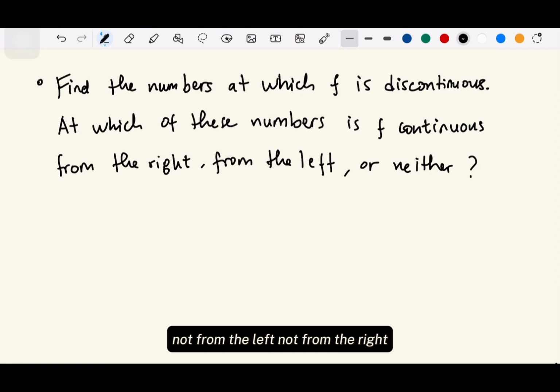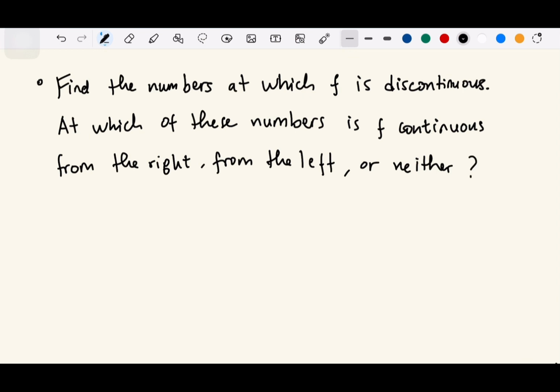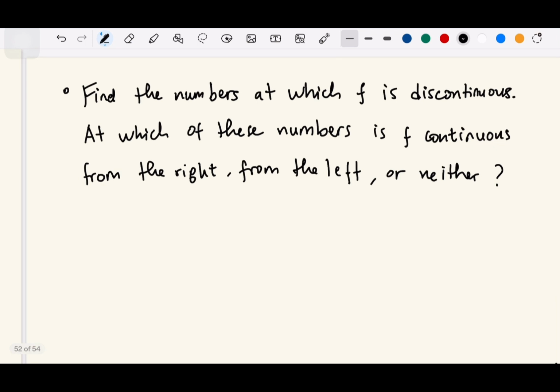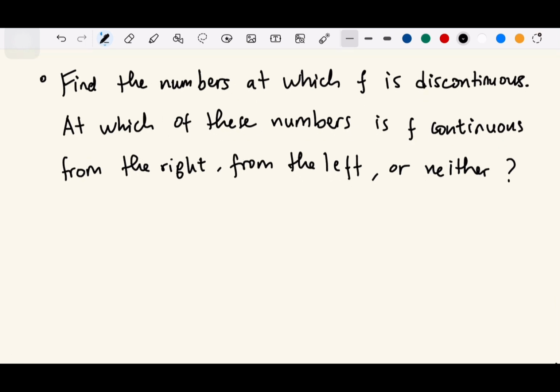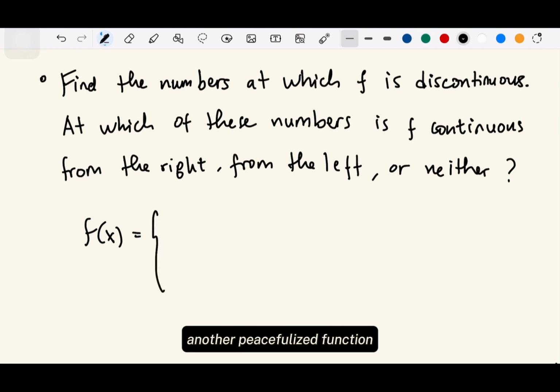Not from the left, not from the right. The function is another piecewise function.